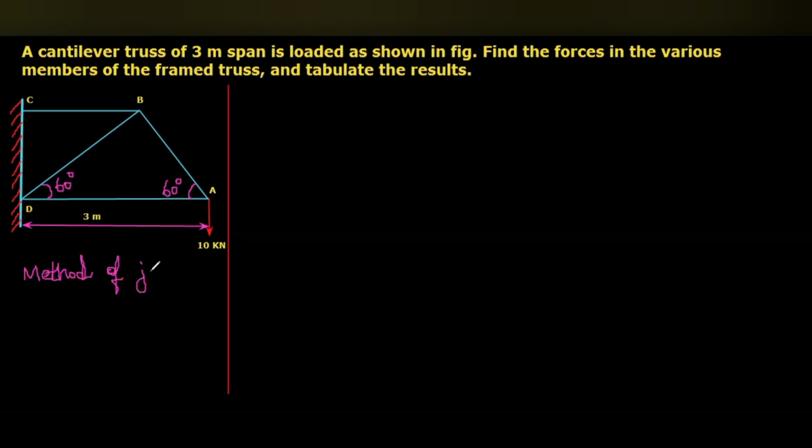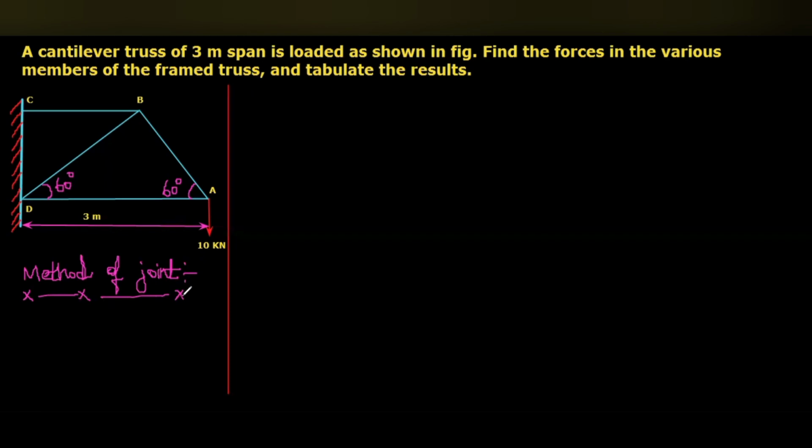In method of joints we use two equilibrium principles: the algebraic sum of the vertical forces equals 0, and the algebraic sum of the horizontal forces equals 0. In method of sections we use the third principle of equilibrium, that is, the algebraic sum of the moments about any point in the truss or frame equals 0.